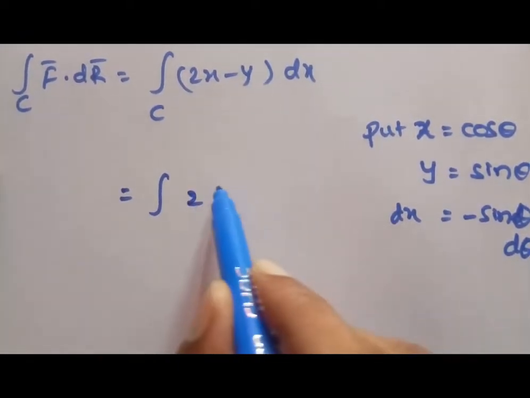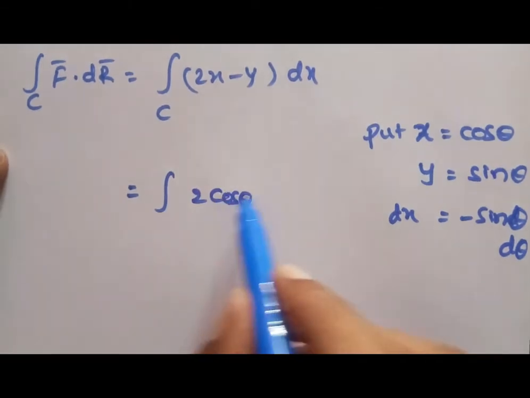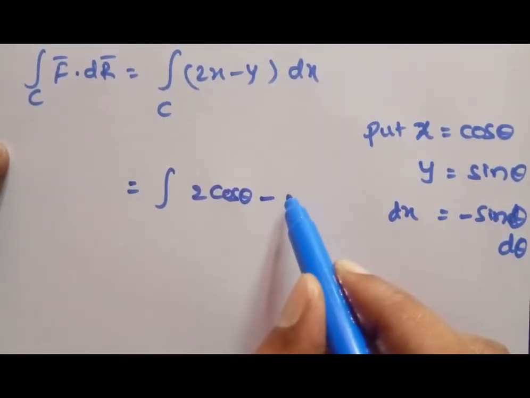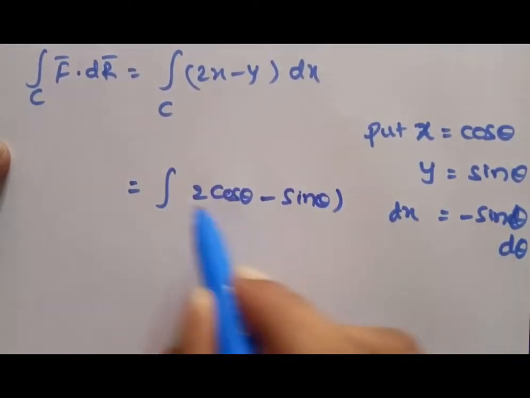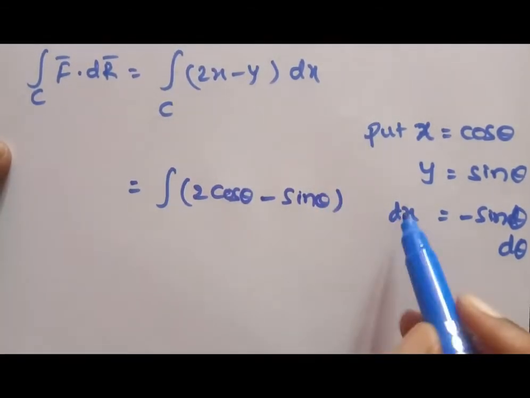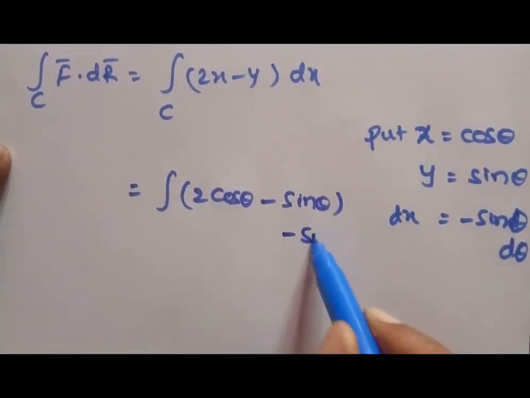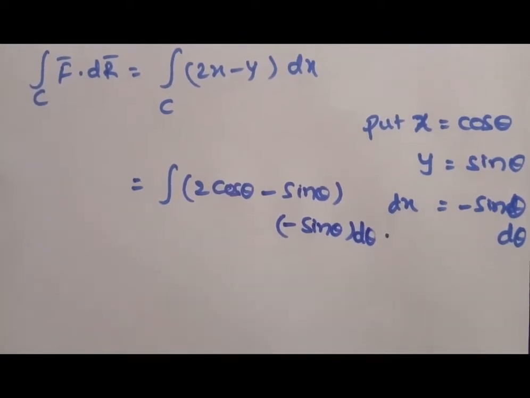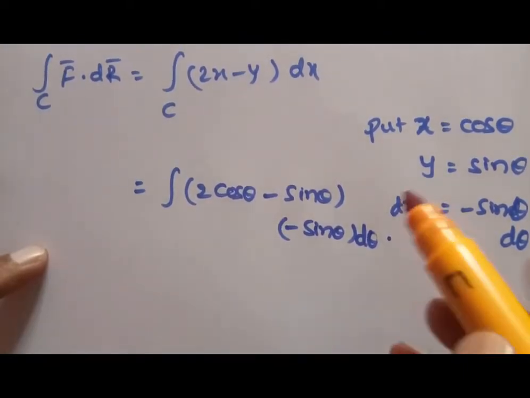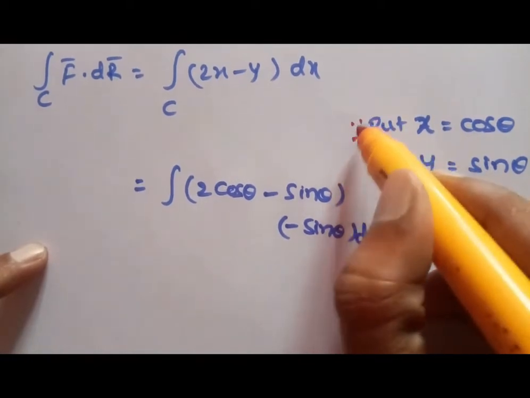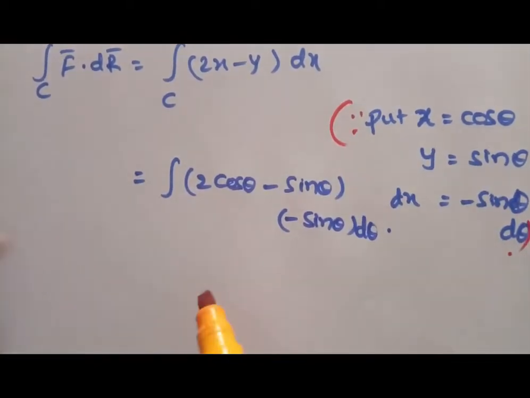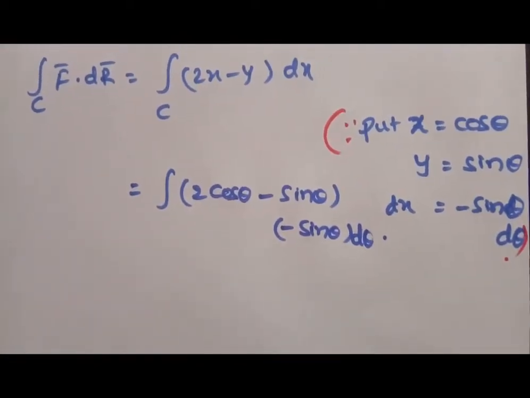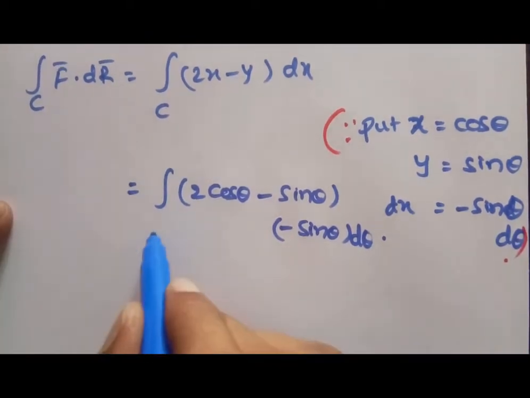So x is equal to cos theta, y is equal to sin theta, dx is equal to minus sin theta d theta. So theta varies from 0 to 2 pi.